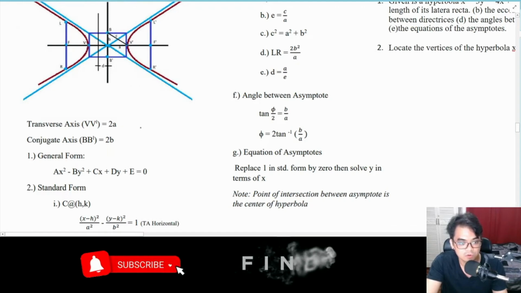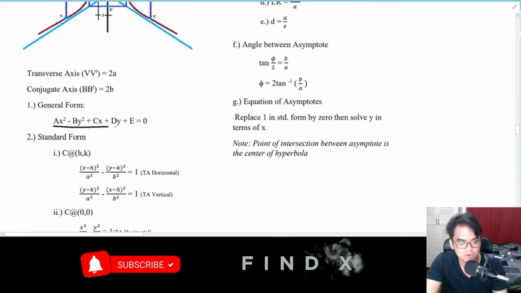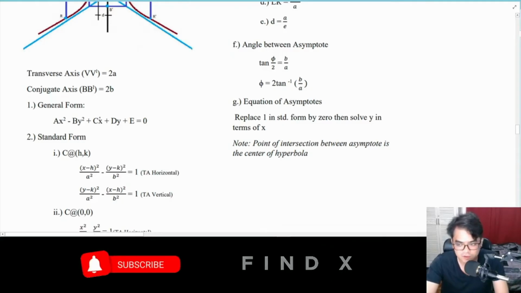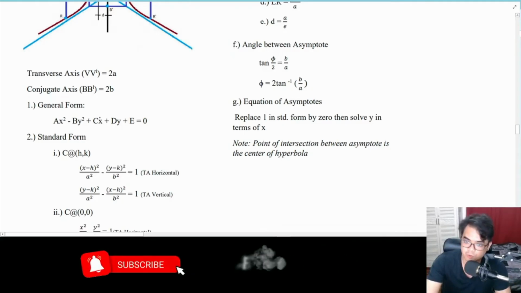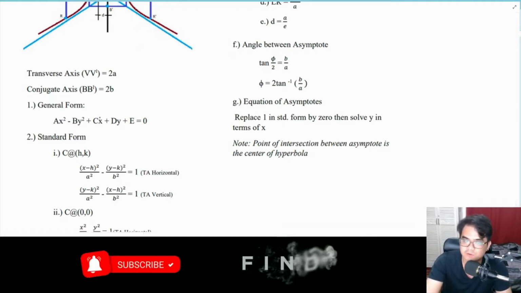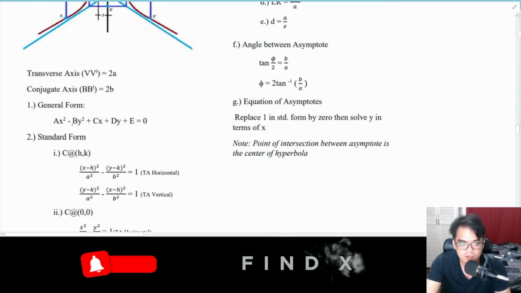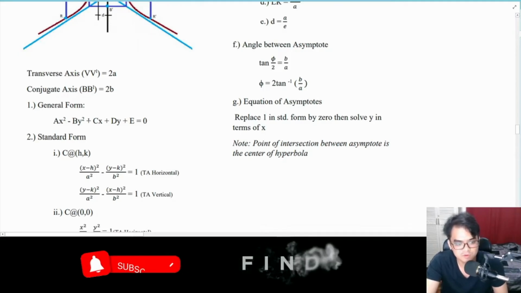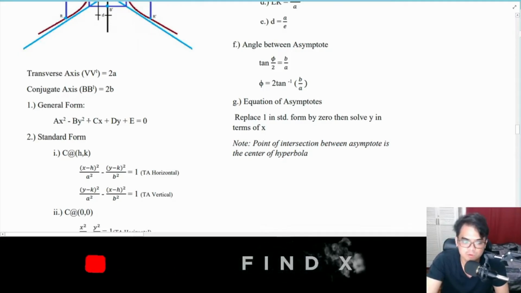So the general form now is: you can see that unlike the ellipse, the coefficients of x squared and y squared are no longer equal, but one is positive and the other is now negative. Again, if they are equal, it will be a circle. So Ax squared minus By squared plus Dx plus Ey plus F equal to 0.